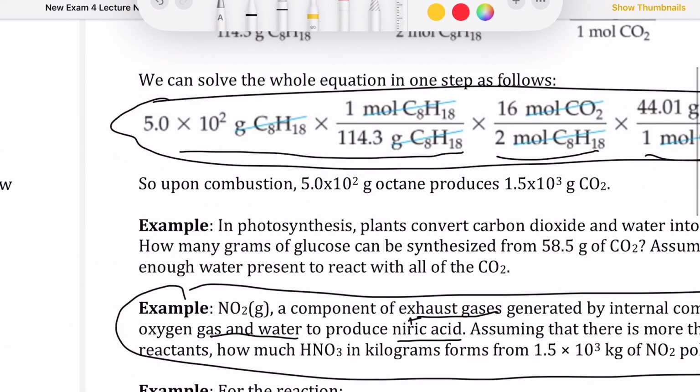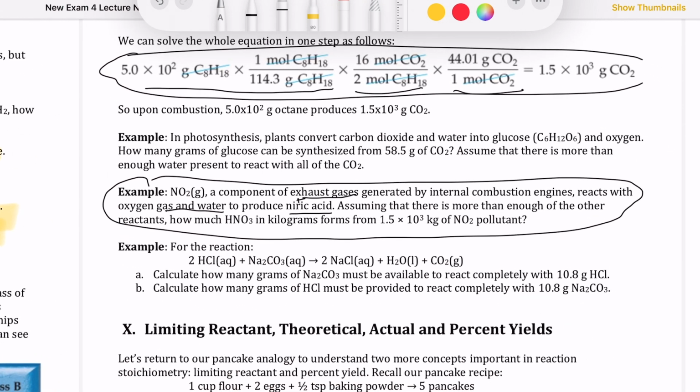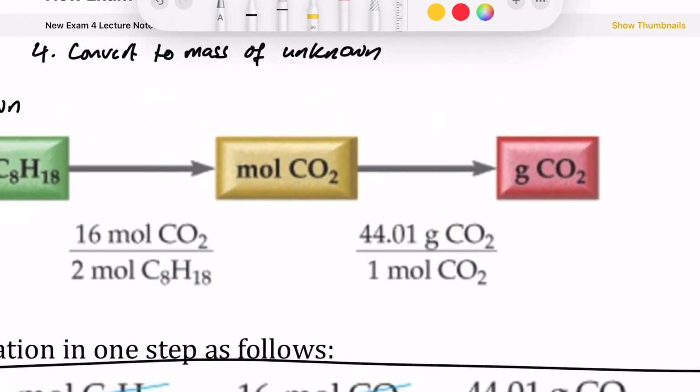In this case, I'm going to start with writing that balanced equation. What you need to do is read that statement carefully and think about what the actual equation is. Well, it says NO2 reacts with oxygen and water to produce nitric acid. So there are 3 things that combine together to produce nitric acid.